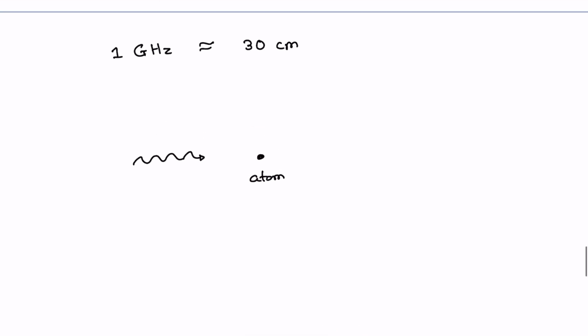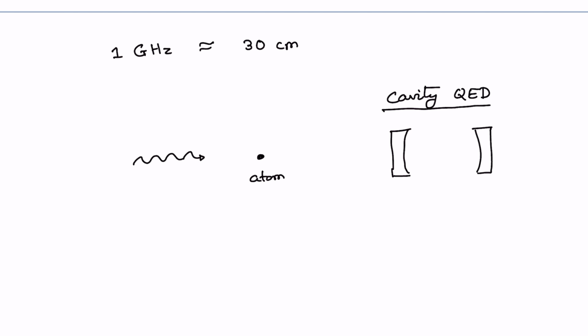So what is done in cavity QED is that you place this atom in a cavity, the so-called Fabry-Perot cavity, and if this atom is placed in this cavity, the optical field inside the cavity can bounce back and forth between these two mirrors for a good amount of time, depending on the quality factor Q.